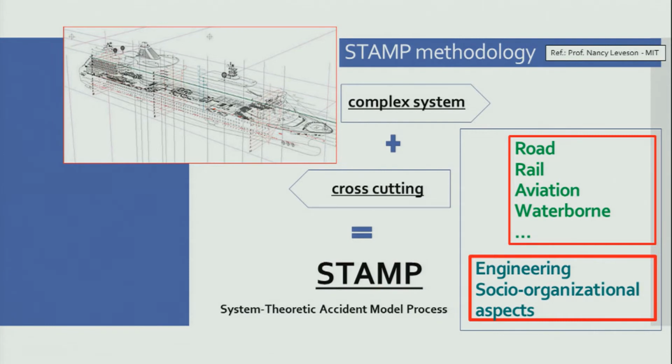And it is also able to take into account social organizational aspects. As you can see, the origin of the STAMP methodology is from MIT, and the professor that started to develop and to use this methodology is Professor Nancy Leveson and her research team.